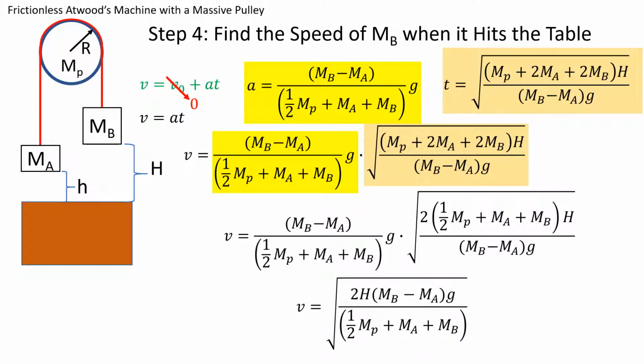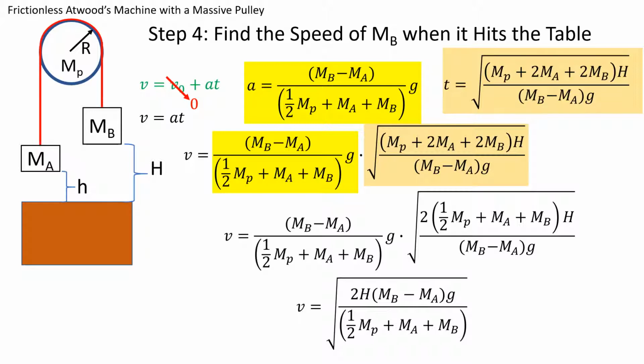And now when we bring in that outside (mB minus mA) times g over (1/2 mP plus mA plus mB), we square everything. The g from the denominator inside the radical cancels, and the fraction denominator cancels the numerator inside, and vice versa, but of course we have one of each thing left over.